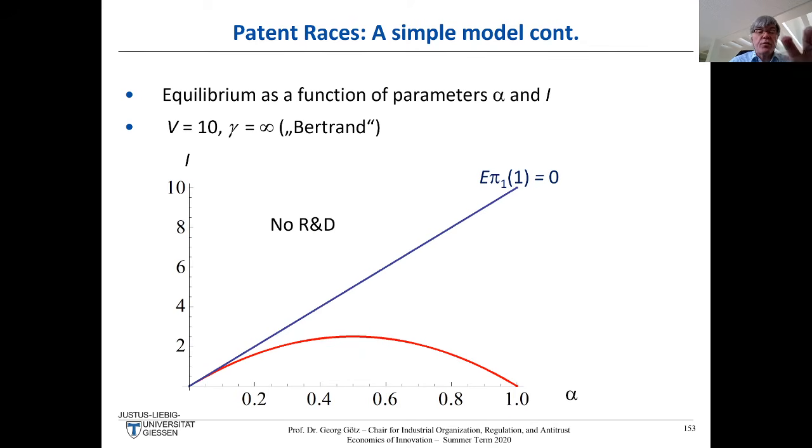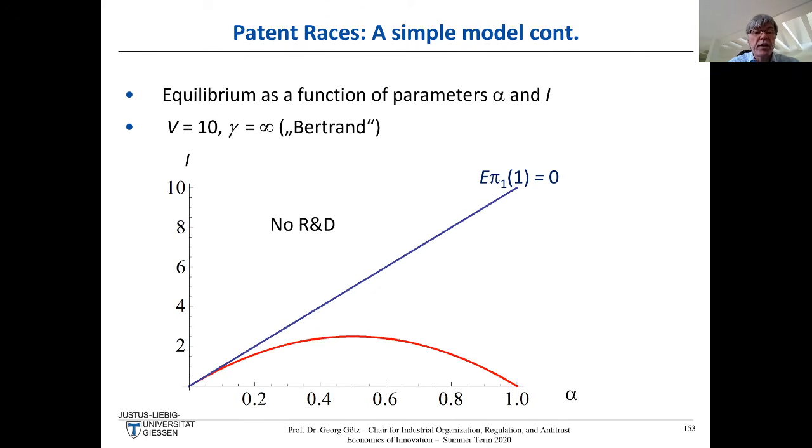Same kind of lines here. Here the blue line is just the line where the combinations of I and alpha were given our V of 10 and our Bertrand competition, where a single firm is indifferent between investing in an R&D project and not.